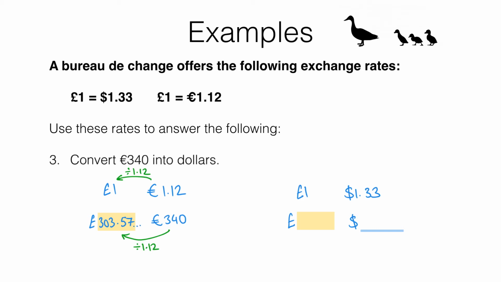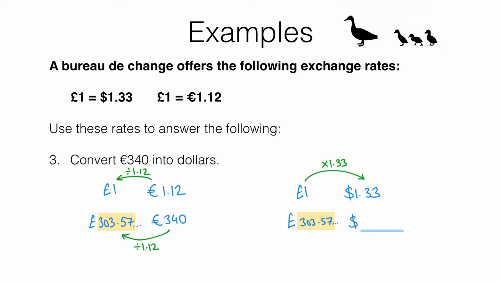So what we've got is 340 euros being worth this many pounds, and we want to turn that into dollars. So we want to turn this many pounds, 303.57, whatever's on my calculator, into dollars here. How do I do that? Well, to convert the number of pounds I have into the number of dollars that's worth, I need to multiply by 1.33.